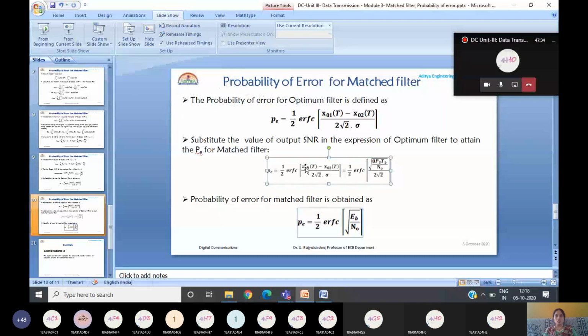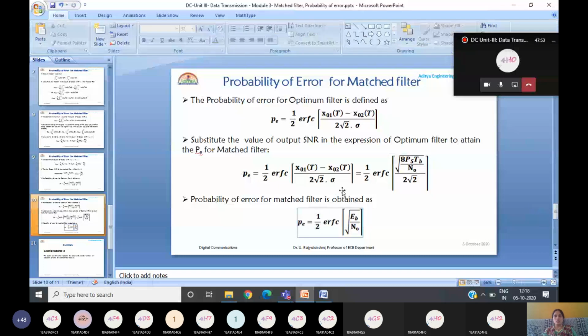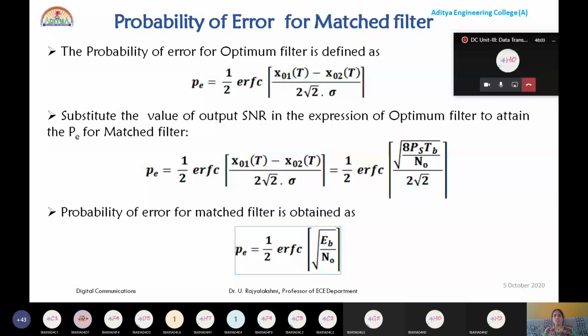So you can use the same expression. So the probability of error is obtained as half ERFC of x naught 1 of t minus x naught 2 of t divided by 2 root 2 sigma. But we obtained the output SNR as root of rho max, where root rho max will be root of 8 PS into TB. So it will be half ERFC of root 8 PS into TB divided by N naught, where PS into TB is nothing but bit energy.